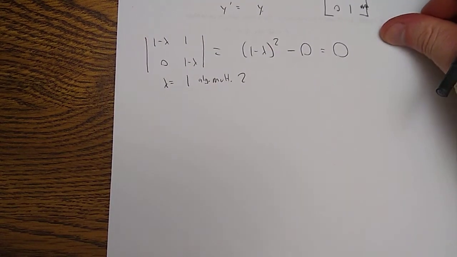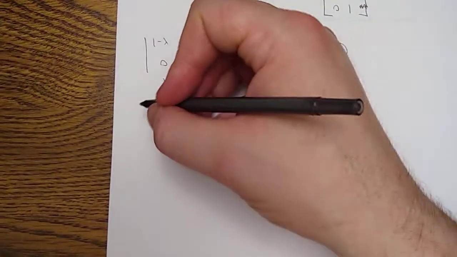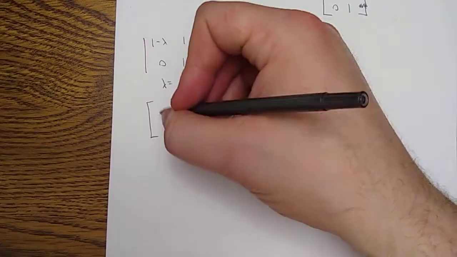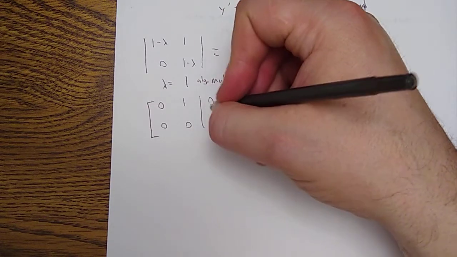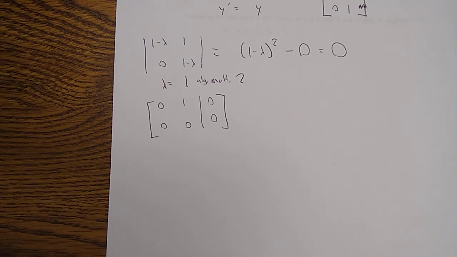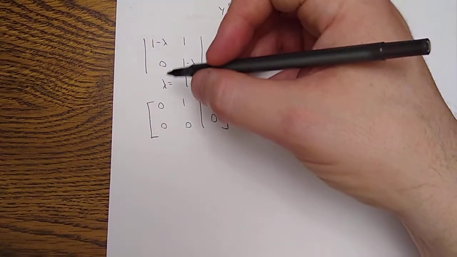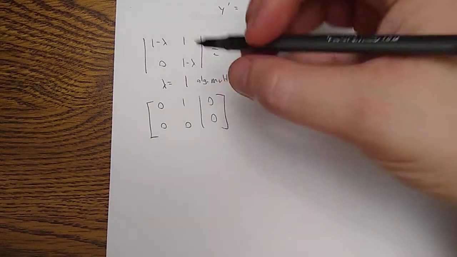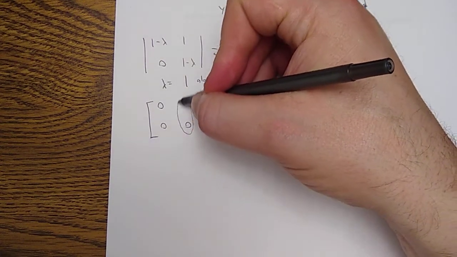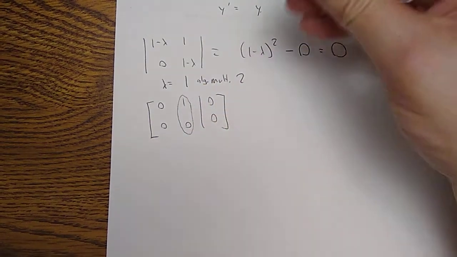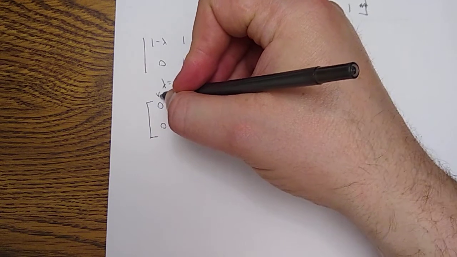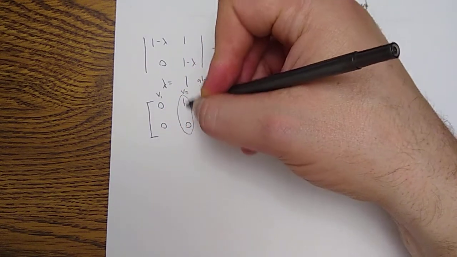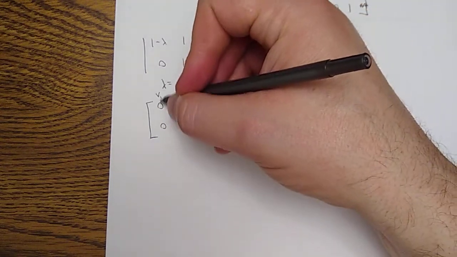Okay, so let's find eigenvectors. So how do we do this? I subtract lambda down here, and I set up my augmented matrix with zeros here. And I guess this is already in really nice form. So what would I say about this? If this is the V1 column and this is the V2 column, V2 is a leading variable here, and V1 is free.